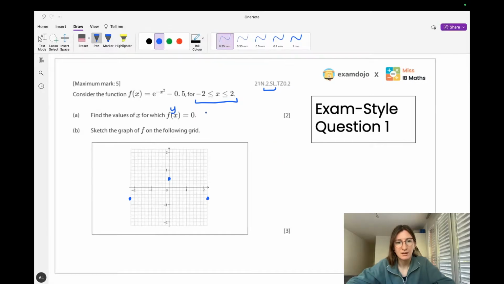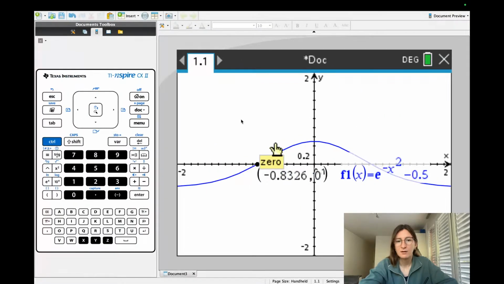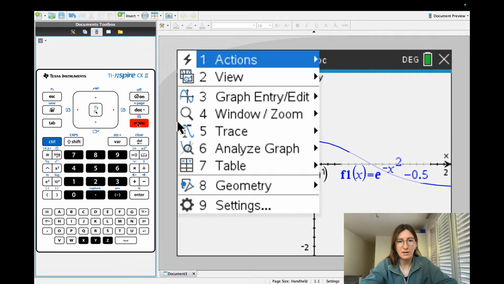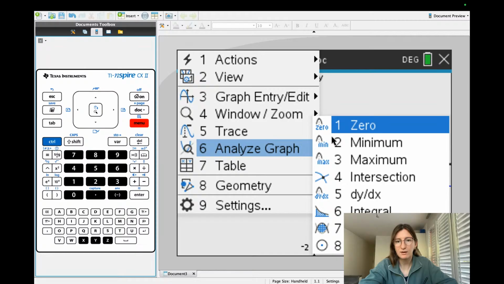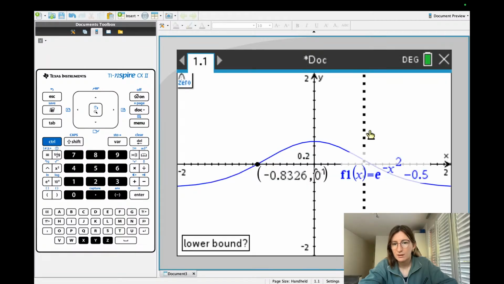So we can write x equals 0.833. Say, my x1 and my x2. I have another one over here. So let's go again. Analyze graph. I want my 0 at this point.